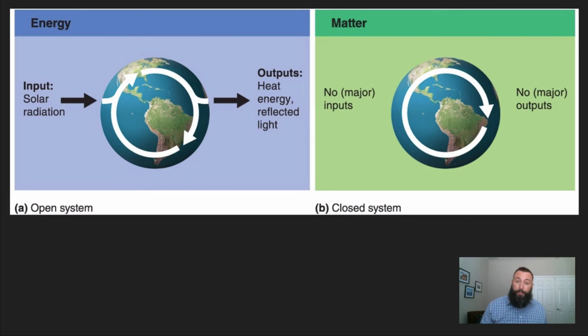It heats up our world, and also plants are able to utilize and transform that light into chemical food. But then it also exits our system too, right, in the form of infrared heat as it radiates back out into space. In terms of matter, our world is a closed system, assuming there aren't any major asteroids that hit it and bring in more matter.